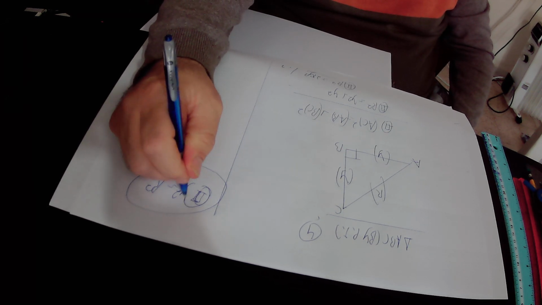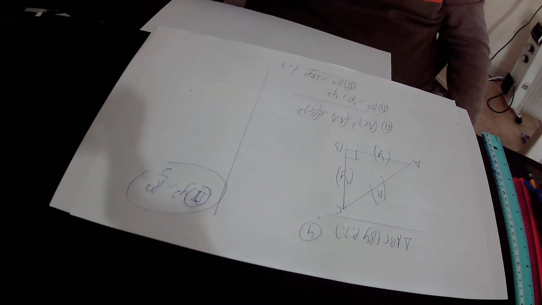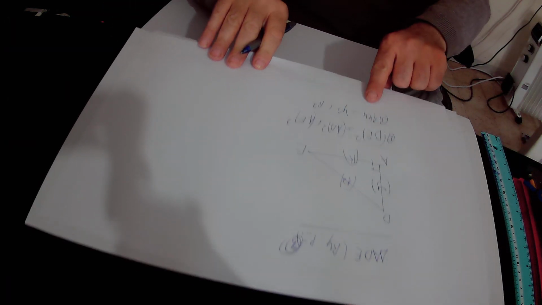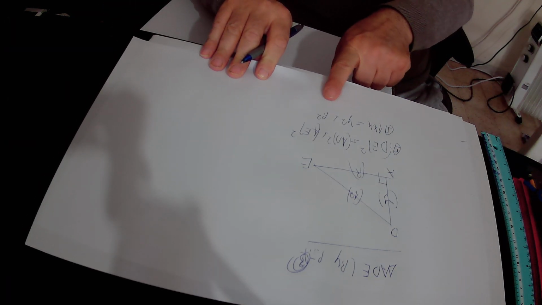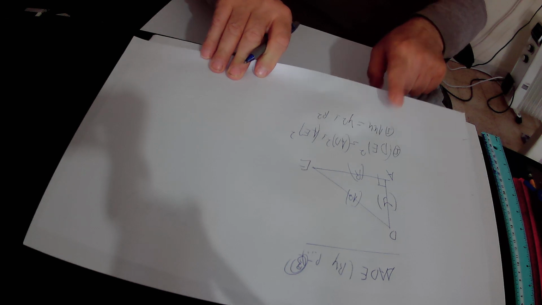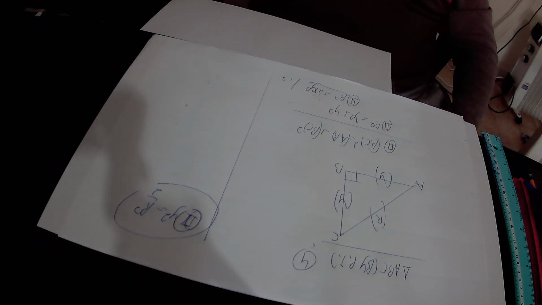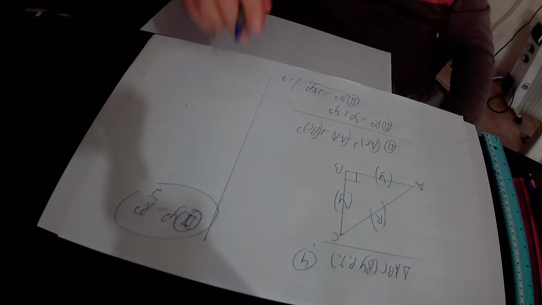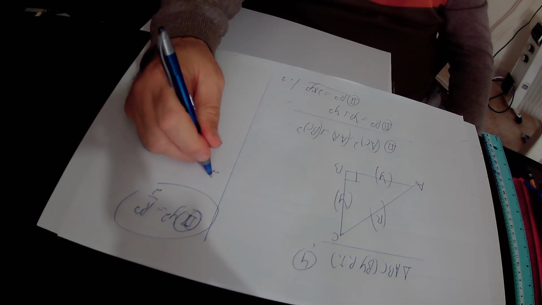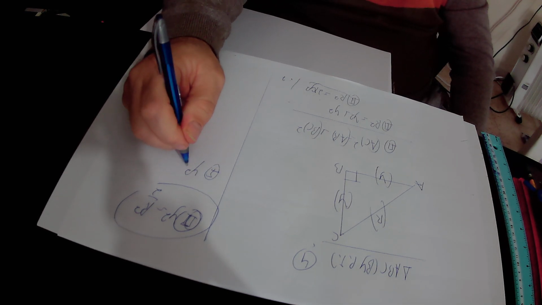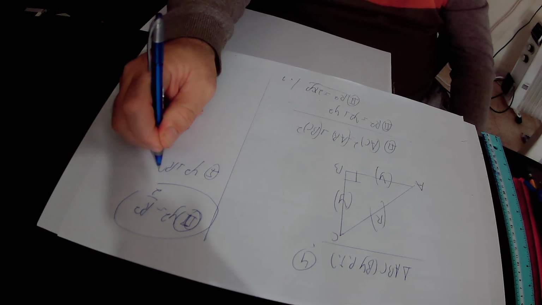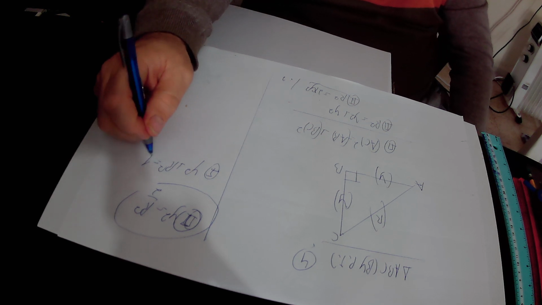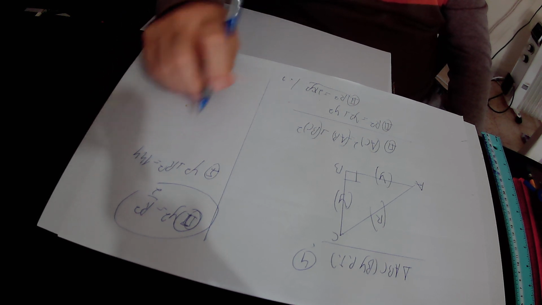While according to equation 1, we have already found out that Y square plus R square equals to 144. So I write it down here. According to equation 1, Y square plus R square equals to 144.